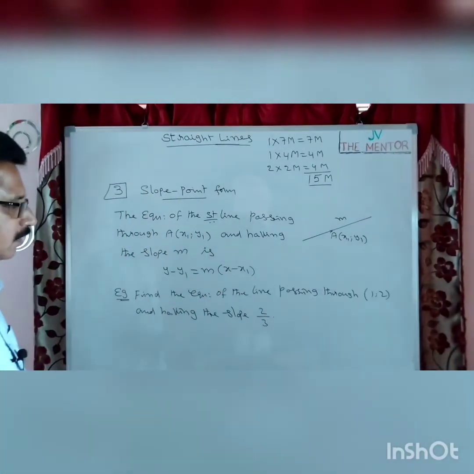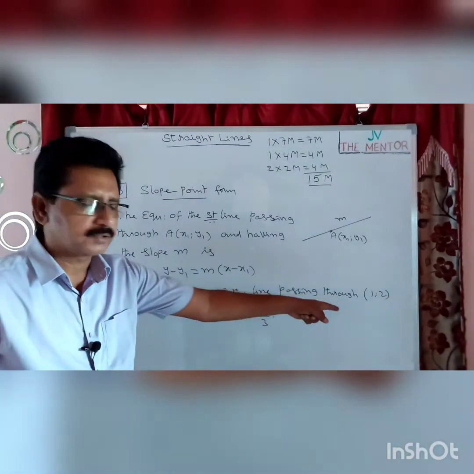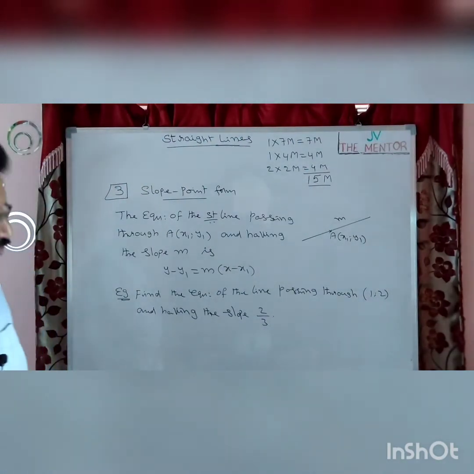Okay? Passing through the point (1, 2) and having the slope 2 by 3.